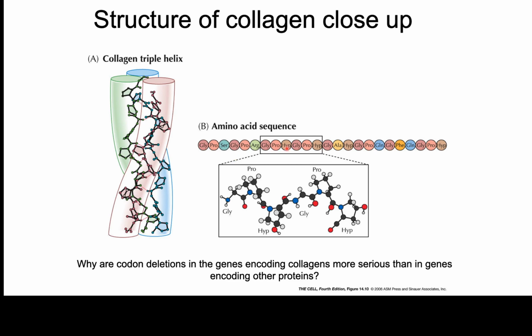So HYP is a modified amino acid, so this is modified in the ER, and for extra details, you can check out your books, but for our purposes, just knowing that glycine, another amino acid, and then a different amino acid. So it has this repeating structure. So you can see glycine, proline, serine, glycine, proline, arginine, glycine, proline, hydroxyproline.